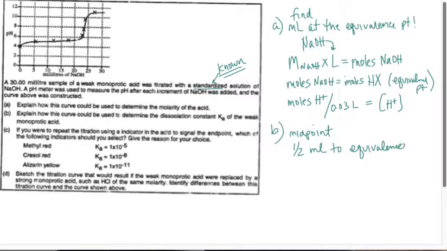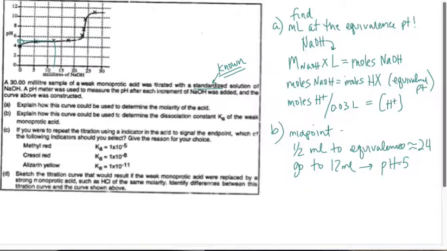So in this particular case, our equivalence point is about 24-ish, right? So half of that is about what? Go to 12 mils and figure out what the pH is at that point. So that's approximately a pH of 5.